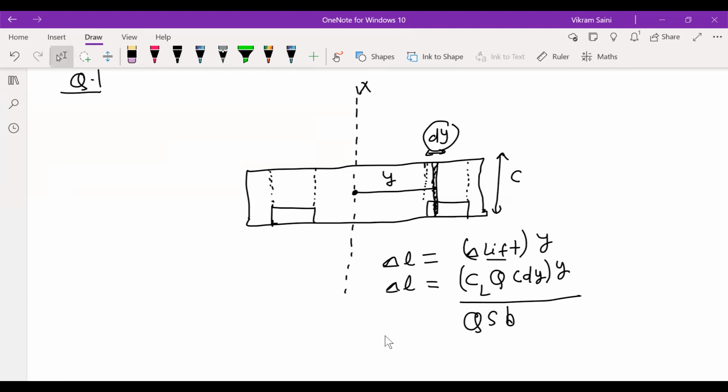So in this case, it's QSB. And then what happens on the right? This delta L, I'll write it somewhere else. Maybe this way. So this becomes delta CL, and it will be CL, Q cancels Q, C times dy, we have S times B, and then dy.